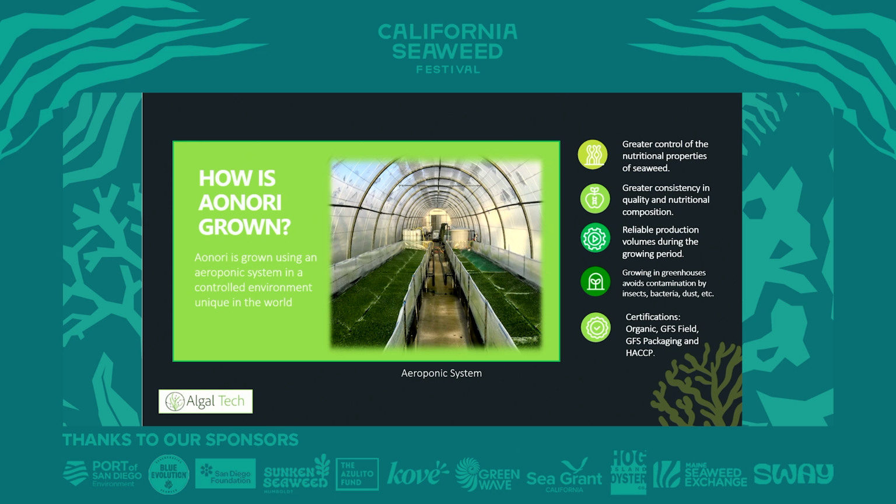Okay, and it's done in a tank, so it's a recirculation system of the salt water from the ocean, and it's very efficient. It grows very rapidly, and because it's enclosed, it prevents fungi, bacteria, and insects from coming into the products. So the product that we are producing has optimal conditions.